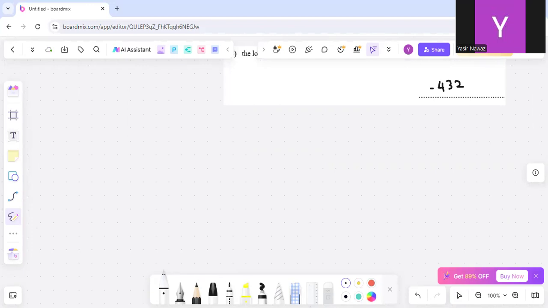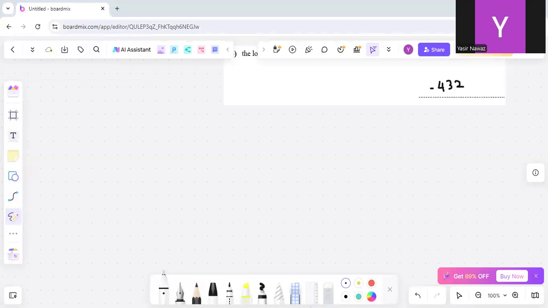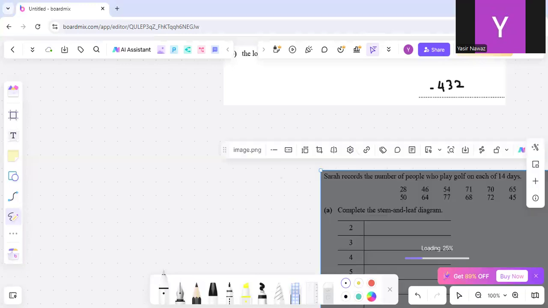The next question is the stem and leaf diagram. The key is also available in the stem and leaf diagram.